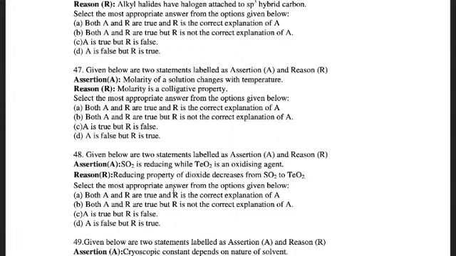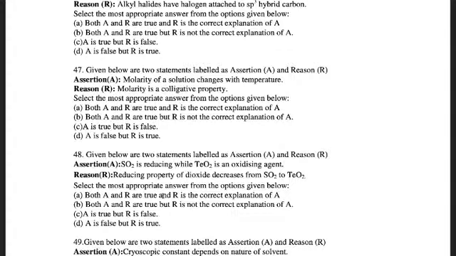Select the most appropriate answer from the options given below. A. Both A and R are true, and R is the correct explanation of A. B. Both A and R are true, but R is not the correct explanation of A. C. A is true, but R is false. D. A is false, but R is true.